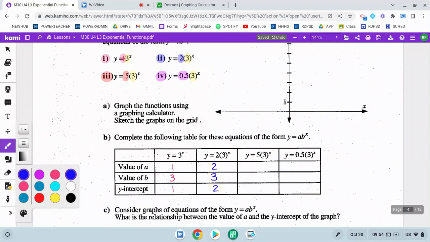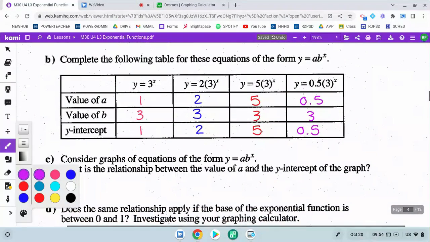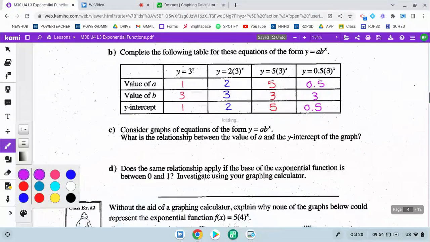For the next one after that, we had an A value of 5. That's the y-intercept too. And the B value is still not changing. And then the last one, we had an A value of 0.5. There's the y-intercept too. And B value still doesn't change. So all the way through, we just kept that consistent B value so you could see the difference between what the A value does to the graph.